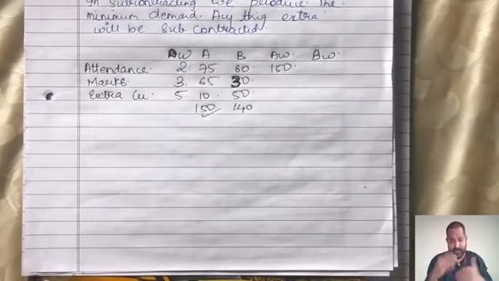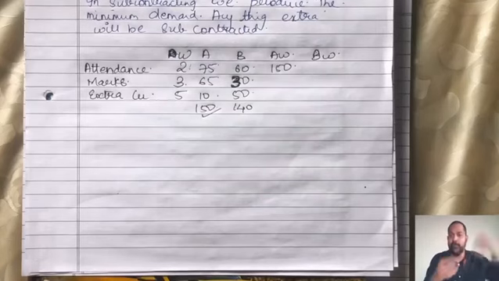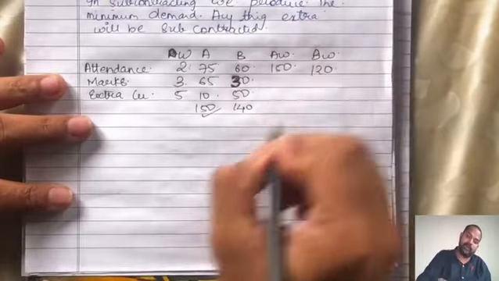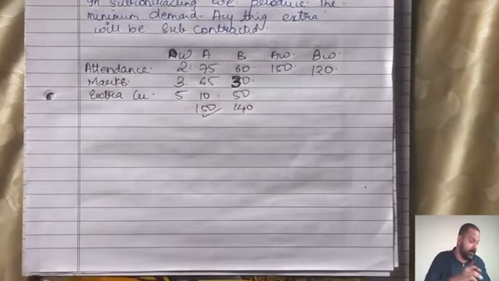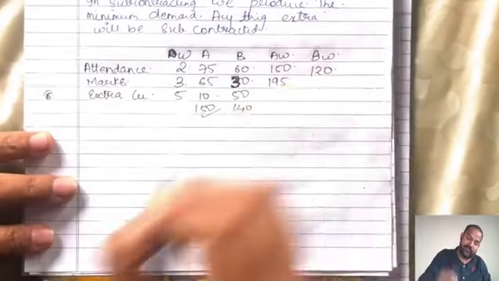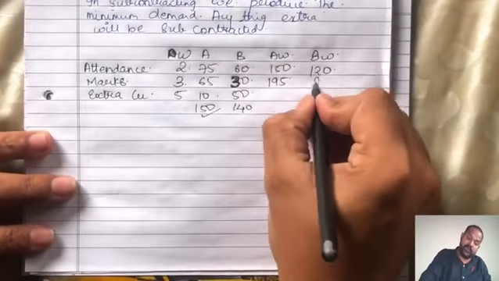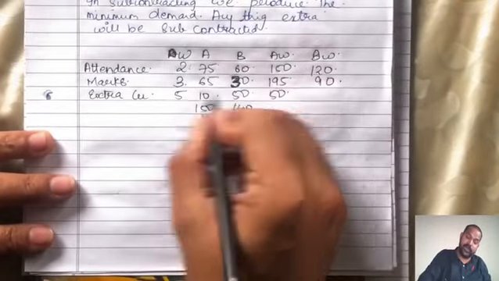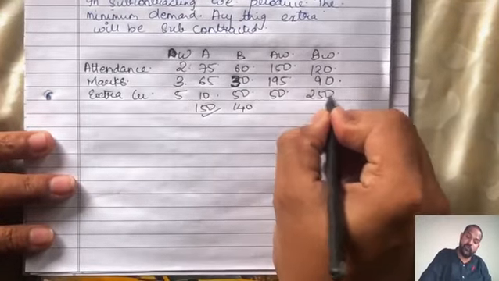For marks, the more the weightage, the more the importance. 60 will double and become 120. 65 will triple and become 65 into 3 is 195. 30 into 3 is 90. 5 into 10 is 50. 50 into 5 is 250.